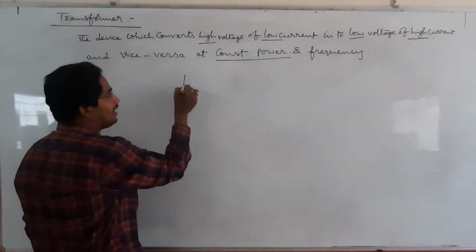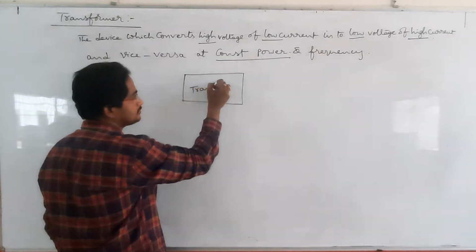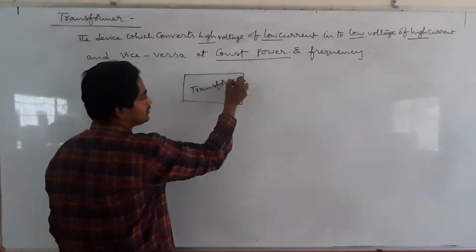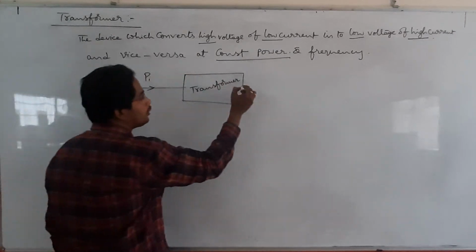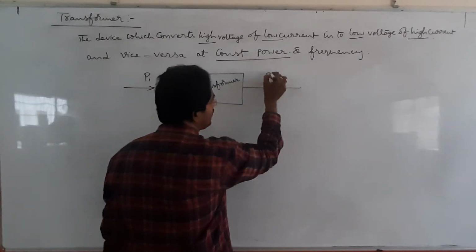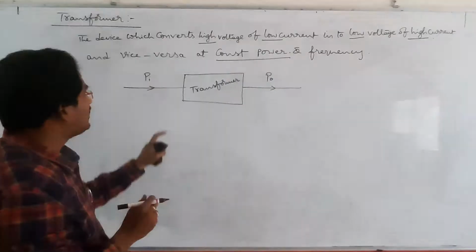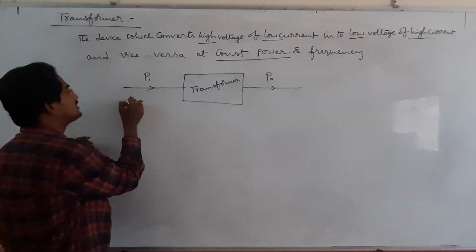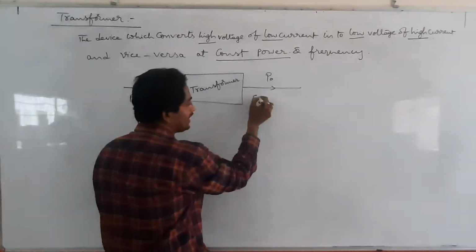For example, if you have a transformer, this is its block diagram. If I give input power Pi, the output power we get is Po. Input power, output power. Normally the input circuit is called the primary circuit, and the output is called the secondary circuit.